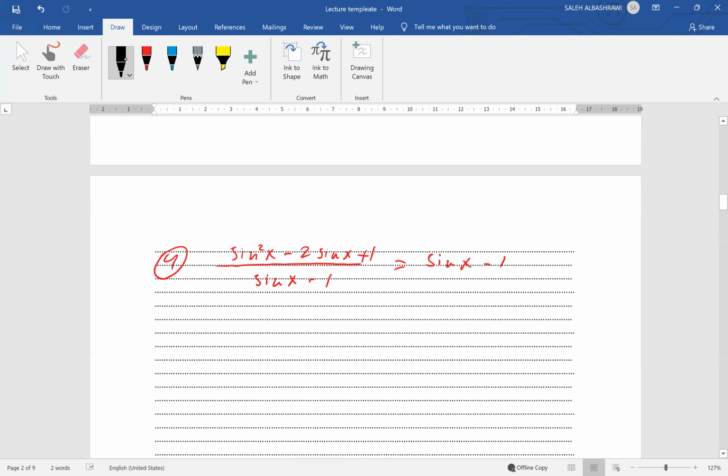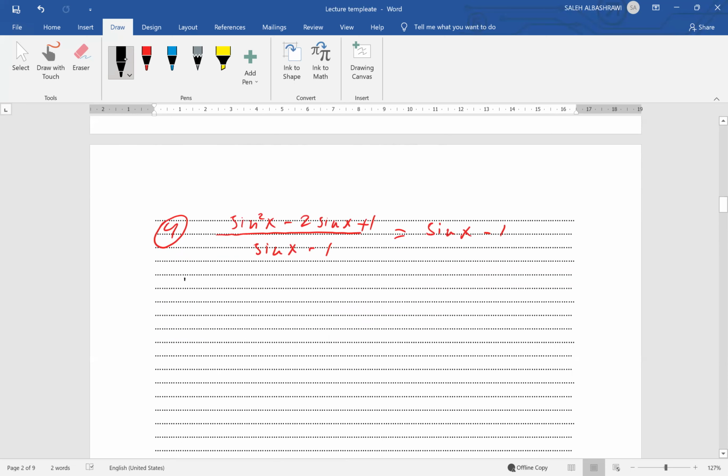Taking the left-hand side, we have sine square x minus 2 sine x plus 1 divided by sine x minus 1.